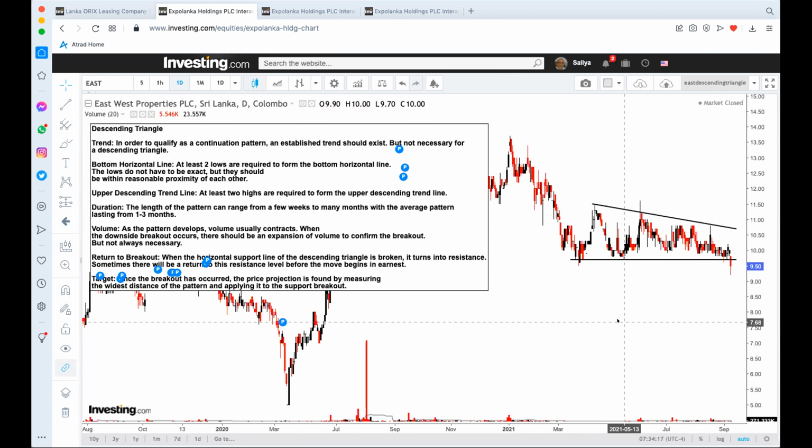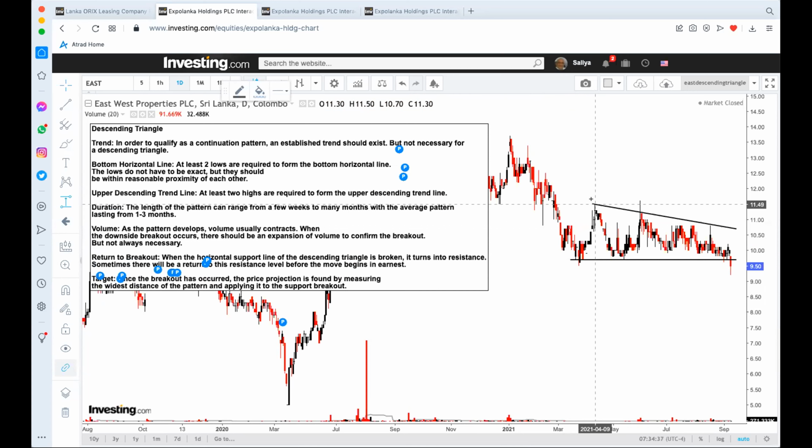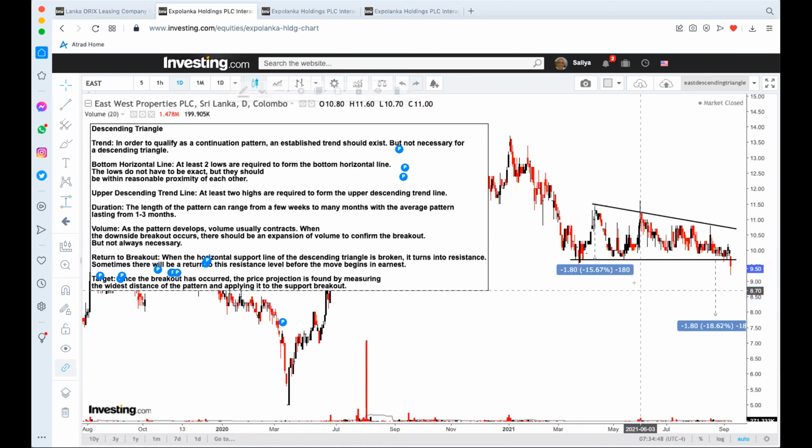So this is the descending triangle, and the projection, just like what we did in the ascending triangle, we take the longest range and project it downwards, right? So I'm using the price range. This is the longest range. I'll be cloning that and bringing it to the support line.